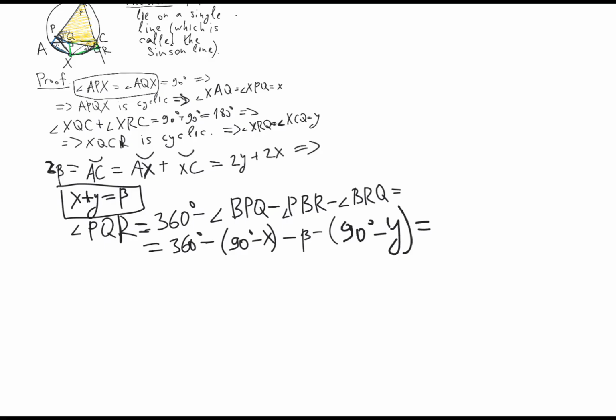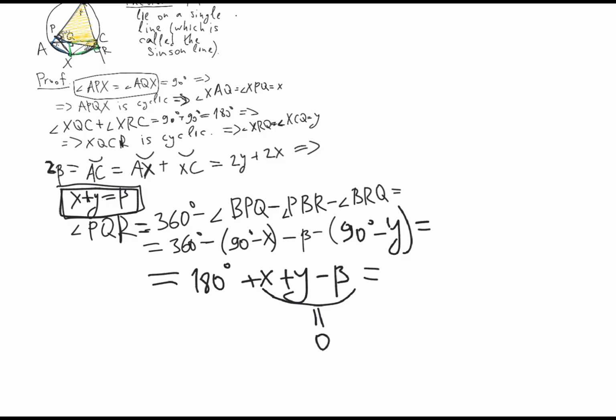In total we have 360 minus 90 minus 90, which is 180, plus x plus y minus beta. Now x plus y minus beta is simply 0, because x plus y is equal to beta. So therefore this expression is equal to 0, and in total we have 180 degrees. So the angle PQR is equal to 180 degrees.